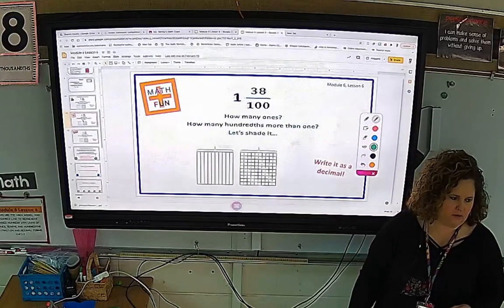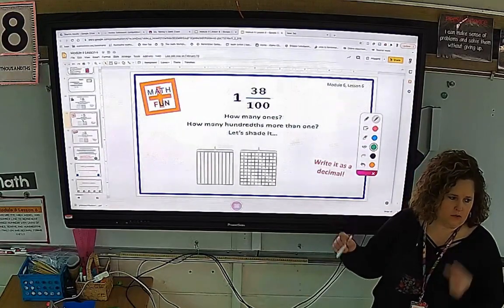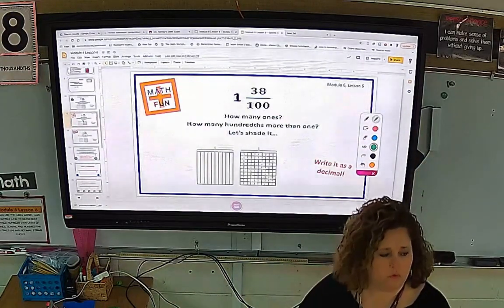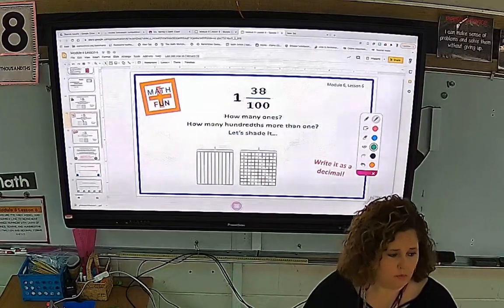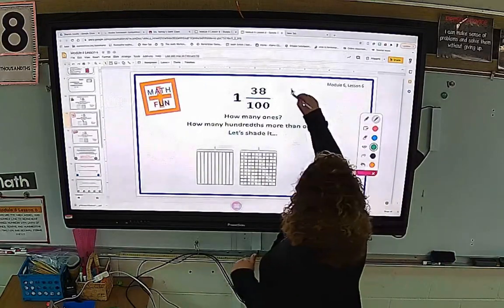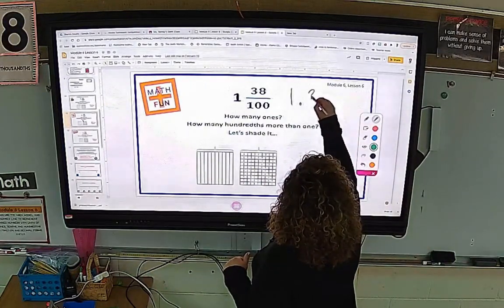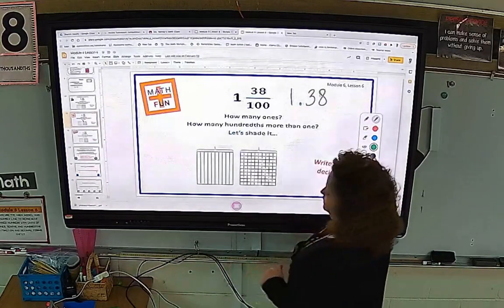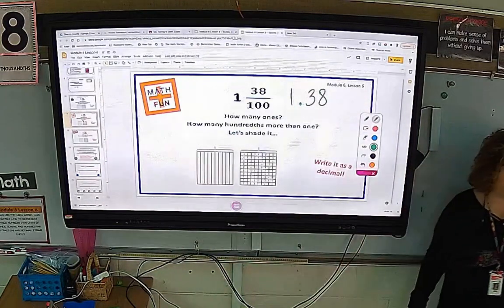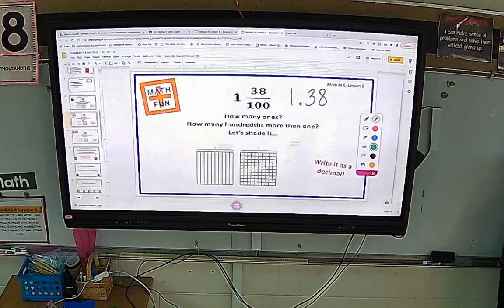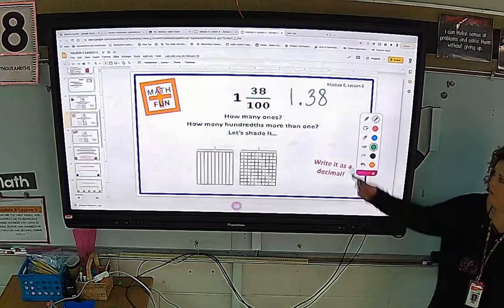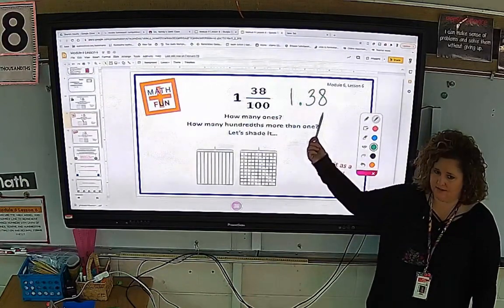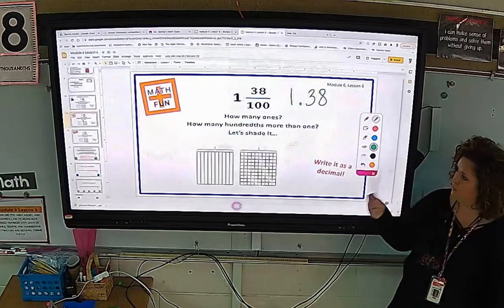Kennedy, what would I write? Can you pull that down so I can see your mouth? 1.38. 1 and 38 hundredths. I'm saying the same number, I'm just saying it differently because you can say it differently.